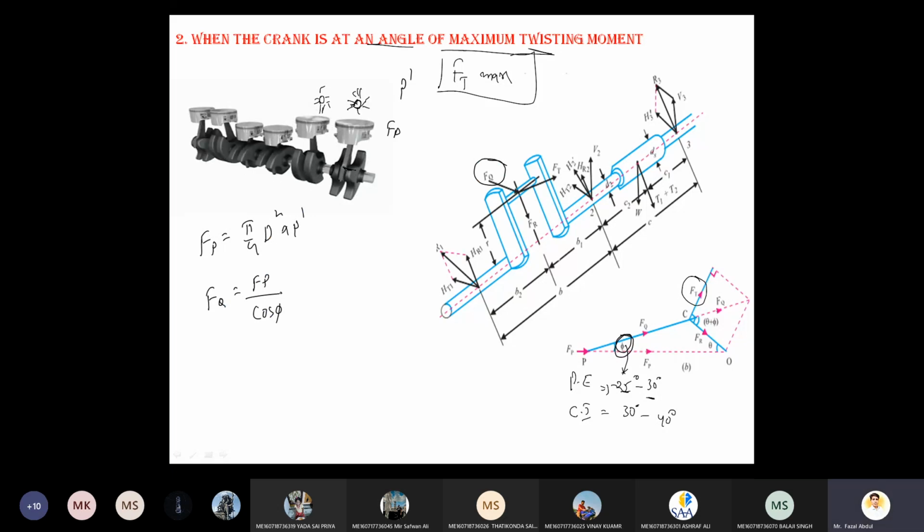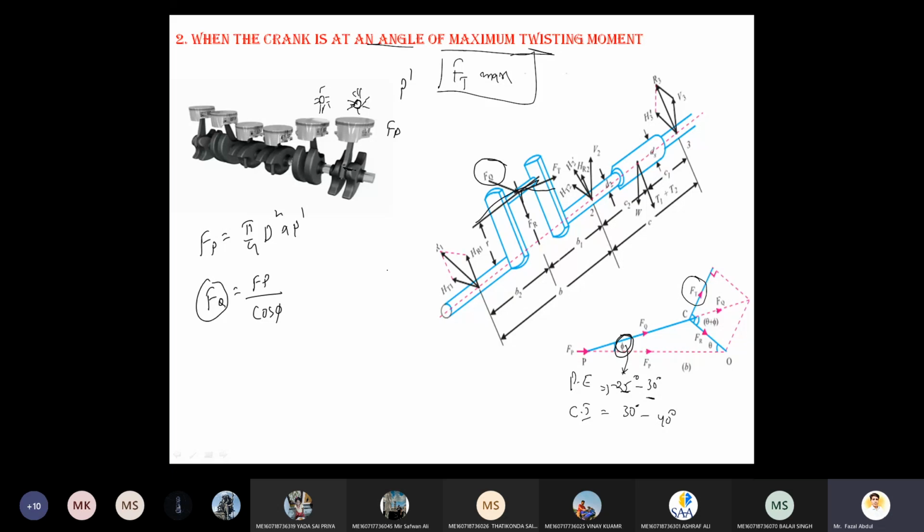So see here, this thrust FQ acting on the connecting rod may be divided into two components. One is perpendicular to the crank, another one is along the crank.